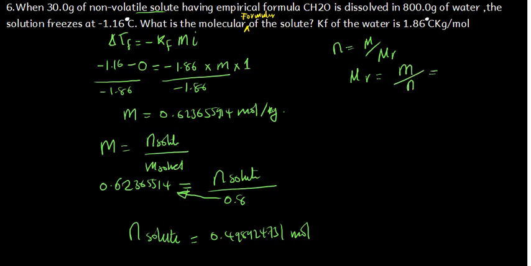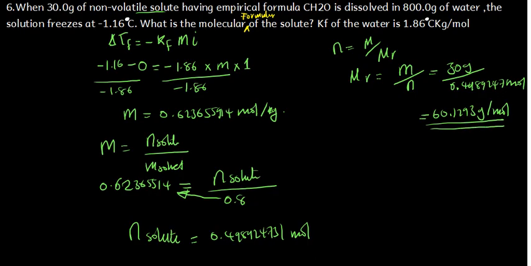The mass which was dissolved for this compound is 30 grams. The number of moles which we have calculated is 0.4989247 moles. So if we divide these two values, we are going to get 60.1293. On top we have grams, down we have moles. So this is the molar mass of the compound.